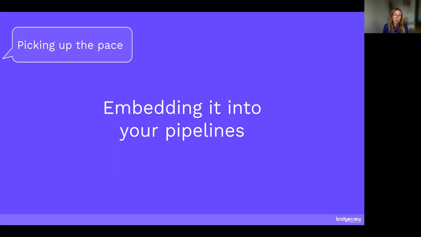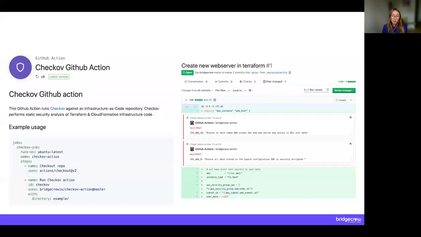The majority of engineers do not want to leave GitHub or Bitbucket or GitLab. They want to comment, they want to edit, they want to spend their time there. All of the code reviews happen there, so they want to get feedback there. And if they can see that right in the pull request or in their CI/CD pipelines, that makes adopting DevSecOps that much more possible.